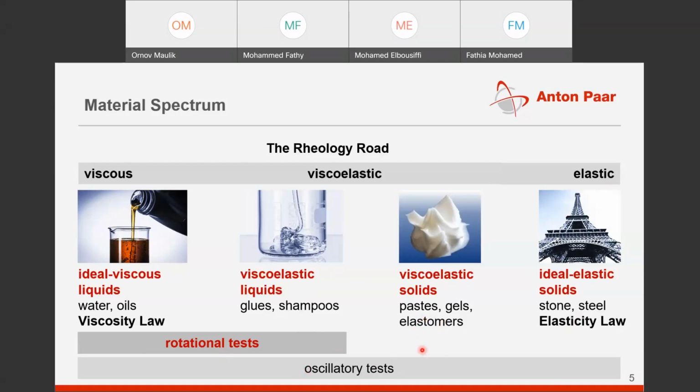So mainly when we talk about viscoelastic solids, viscoelastic liquids and elastic material, it is the oscillatory test that is much more suitable compared to the rotational test.